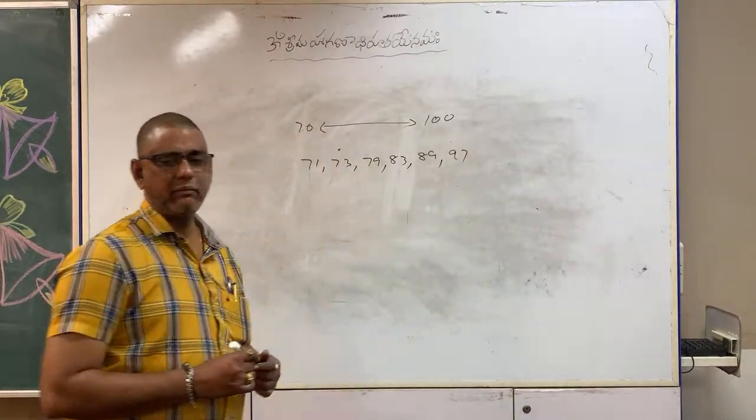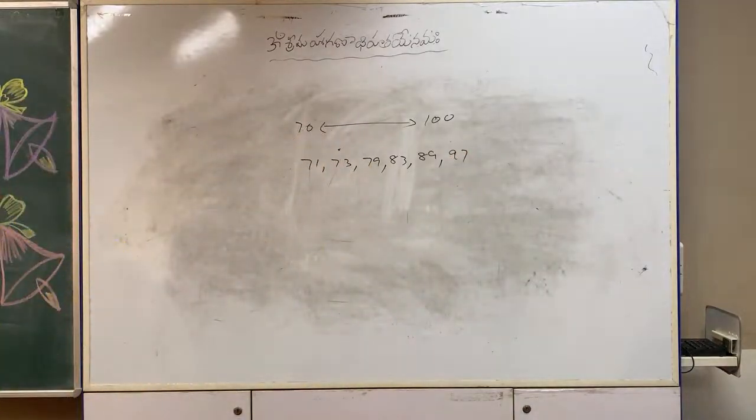Is 97 a prime number, children? Yes. Now total, 6 are there.